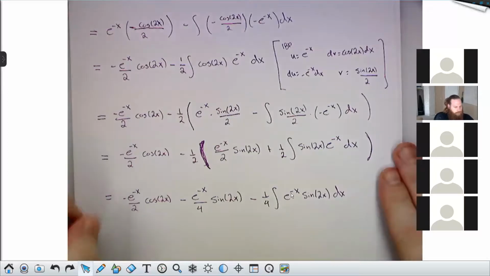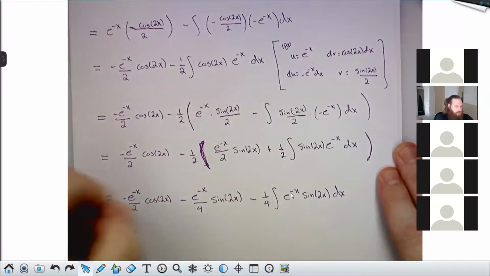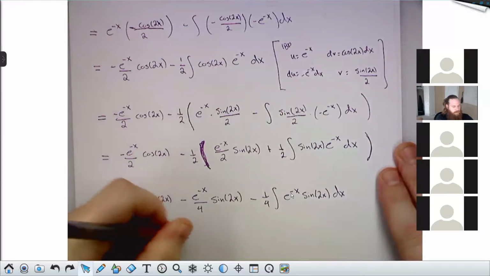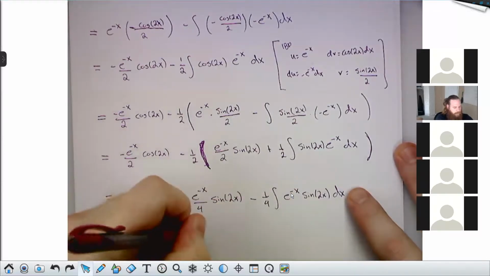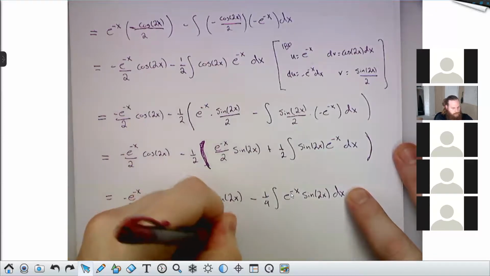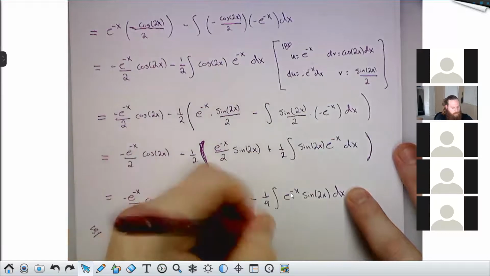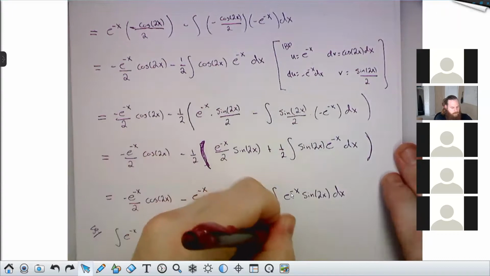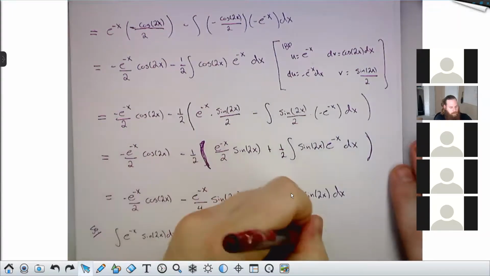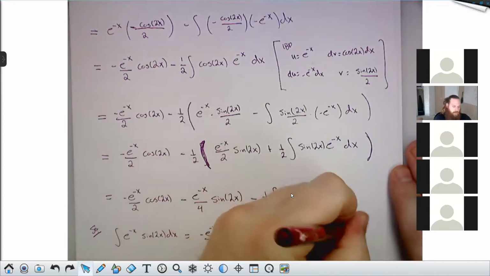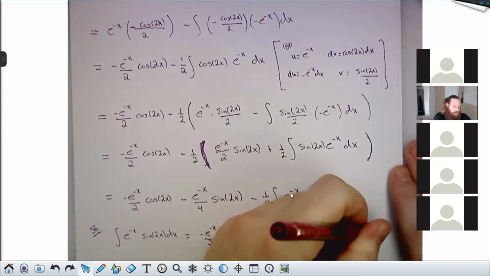So what we have is that the integral of e to the negative x times the sine of 2x dx is equal to all of this. Negative e to the negative x over 2 times the cosine of 2x minus e to the negative x over 4 times the sine of 2x minus 1/4 integral e to the negative x sine of 2x dx.